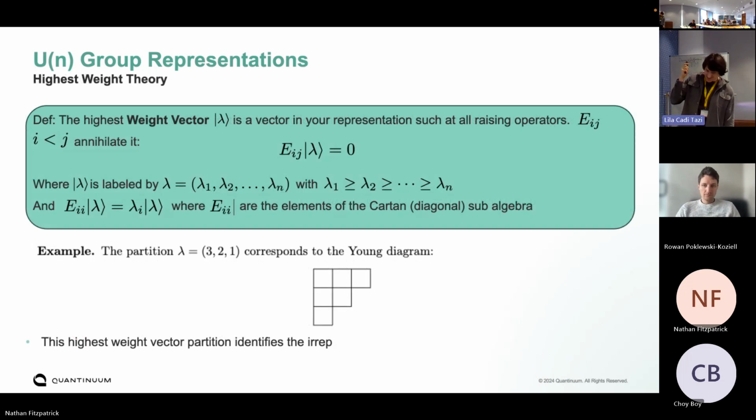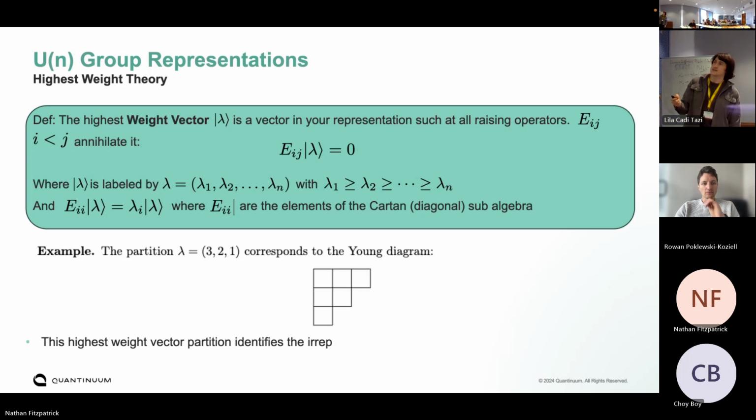Okay, so things get a little bit more complicated here. It's quite abstract, and I spoke about this last time, but essentially, for the larger irreps of U(n), when you take tensor products of the standard irrep and then diagonalize under the Cartan subalgebra, which are the diagonal elements of the Lie algebra of U(n), you end up with simultaneous eigenvectors, each of which has its own unique eigenvalue, lambda i.